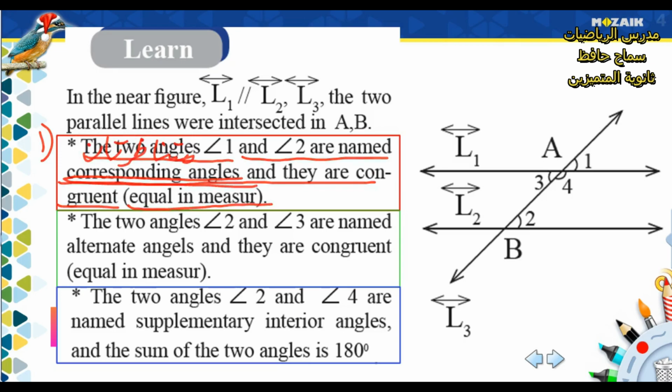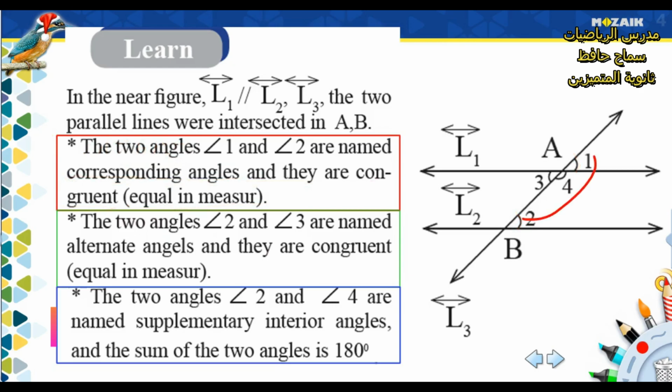That is, measure angle 1 and angle 2 are corresponding, which means they have the same measure, equal in measure, because they are congruent.